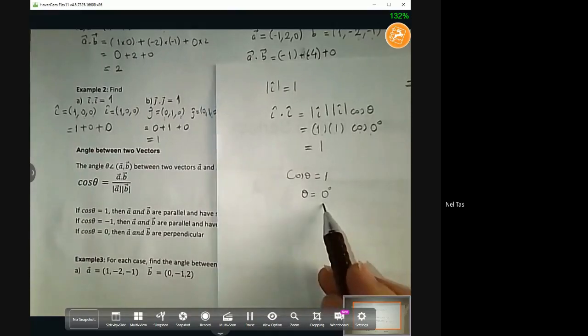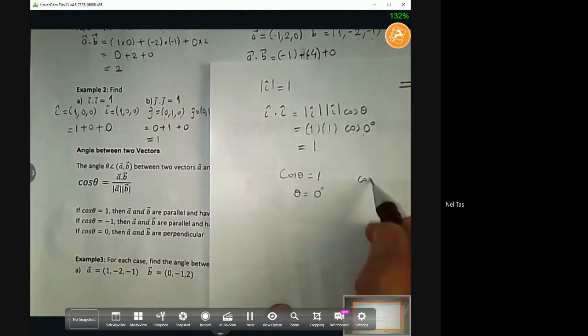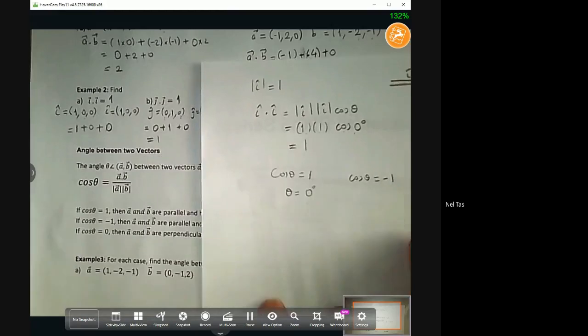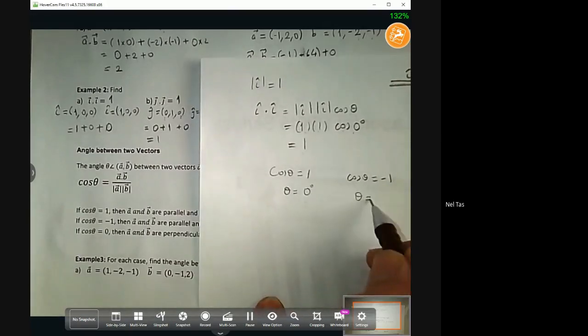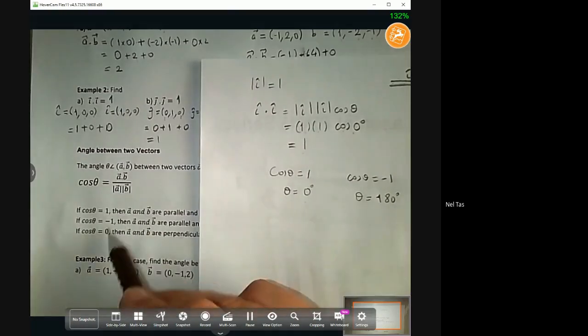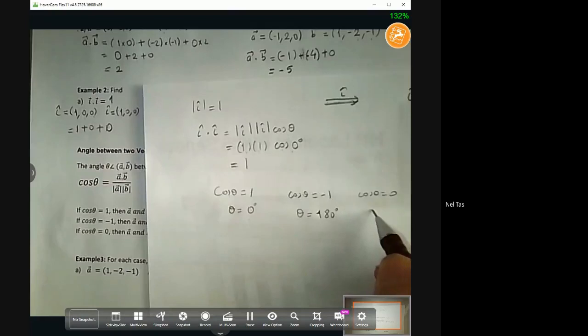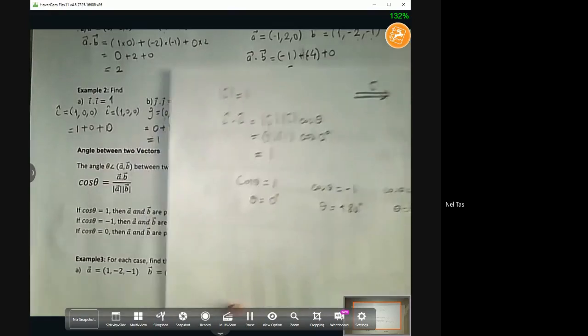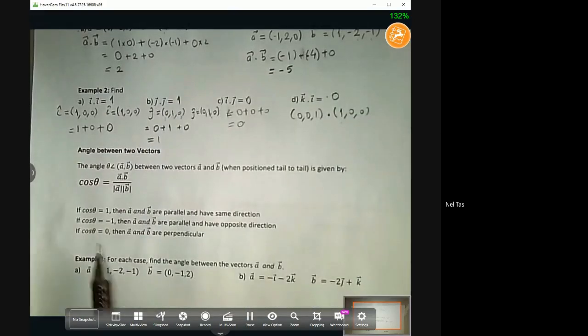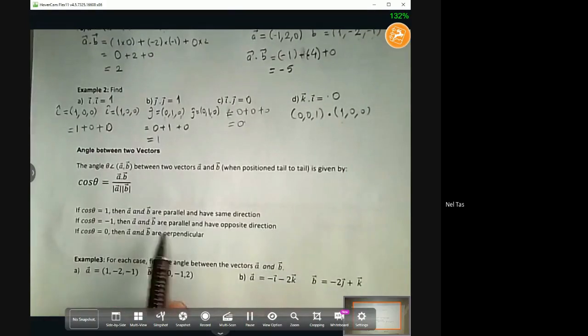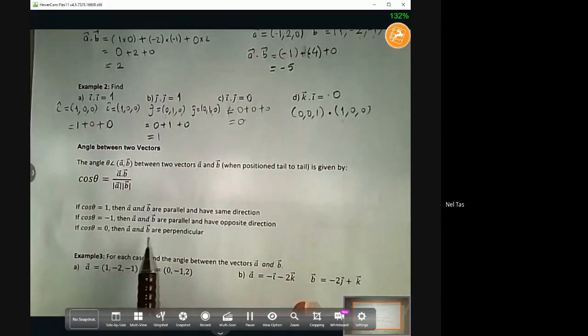So then theta must be 0 degrees. And if you have cos theta equals -1, that's going to give you theta equals 180 degrees. And if you're getting cos theta equals 0, we know that theta is 90 degrees. So if cos theta is -1, A and B are parallel, but they have opposite direction. When cos theta equals 0, A and B are perpendicular.